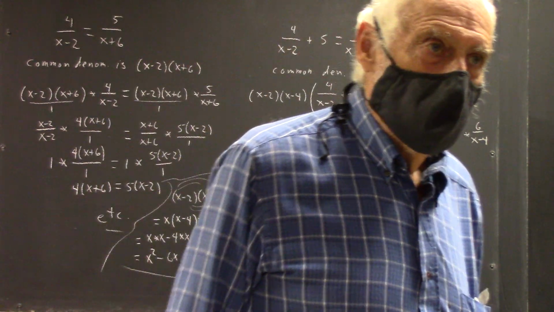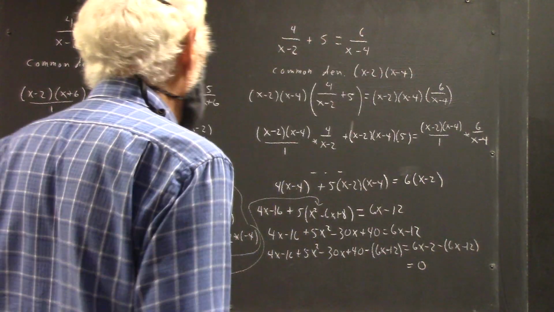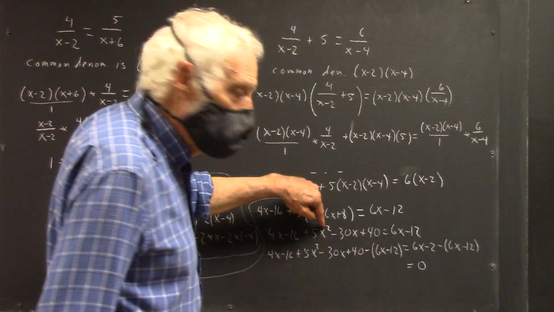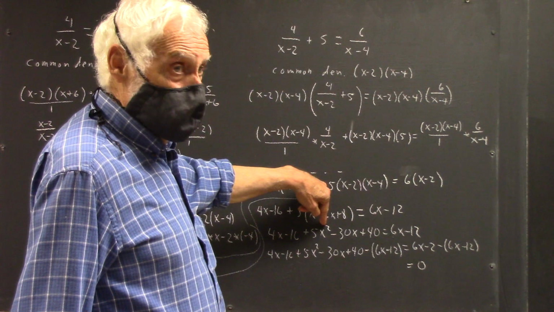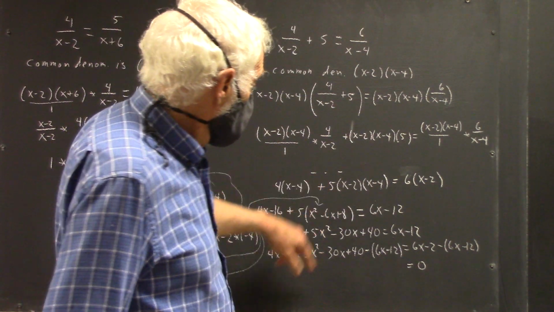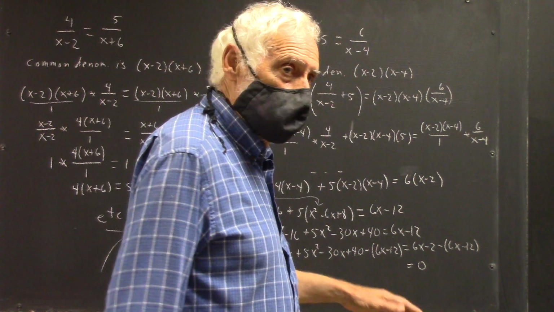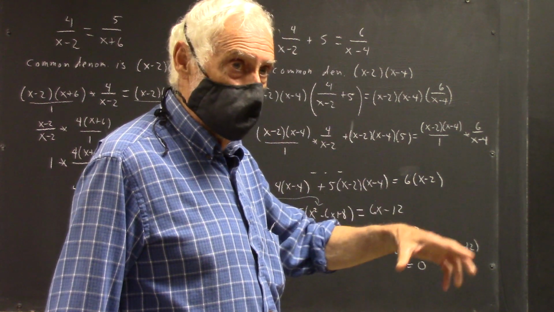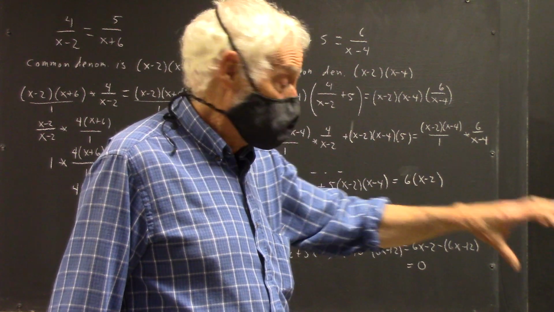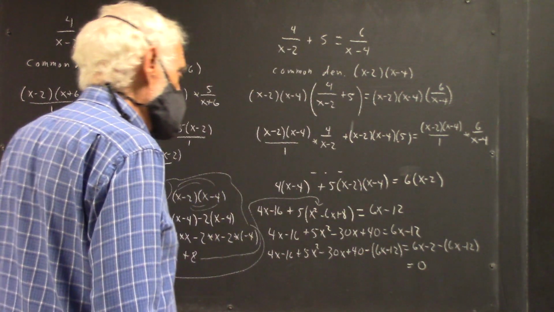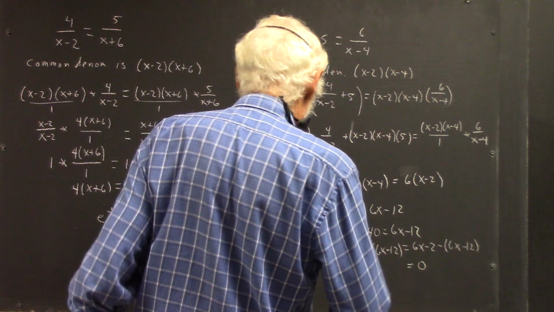Now why would we do that? It's because we recognize we're going to have an x squared here, and this is going to be a quadratic equation. And to do a quadratic equation, you've got to have a quadratic expression of ax squared plus bx plus c equal to 0. Okay? It's got to be equal to 0.